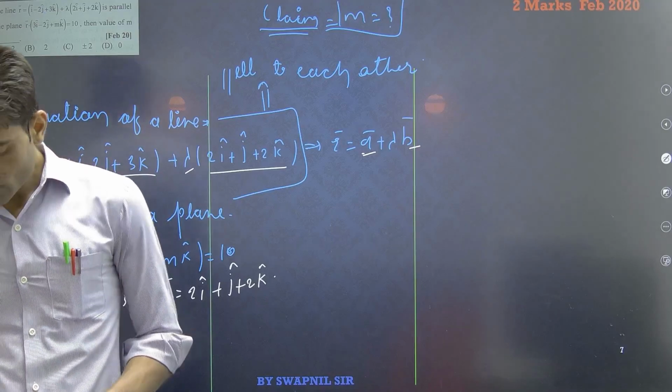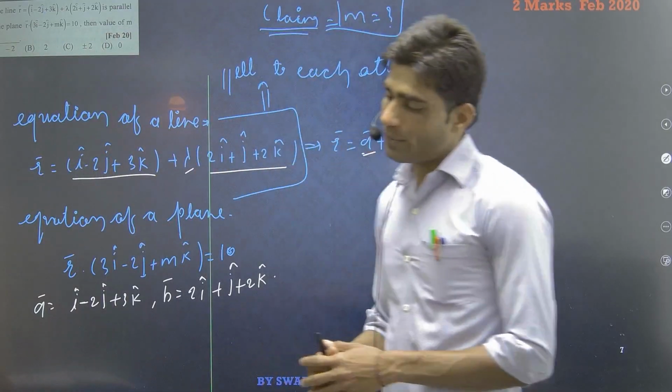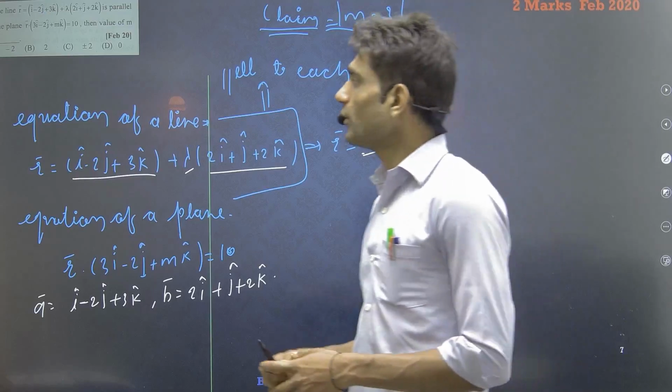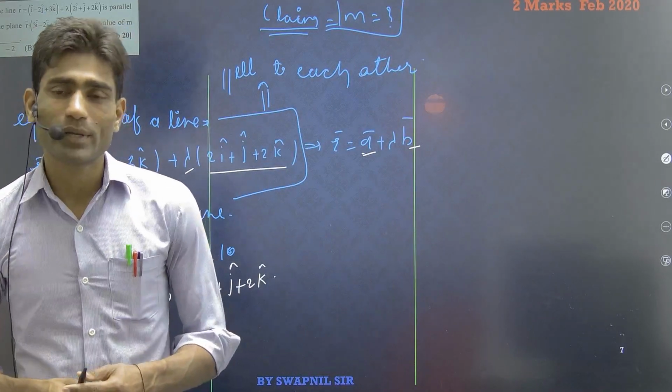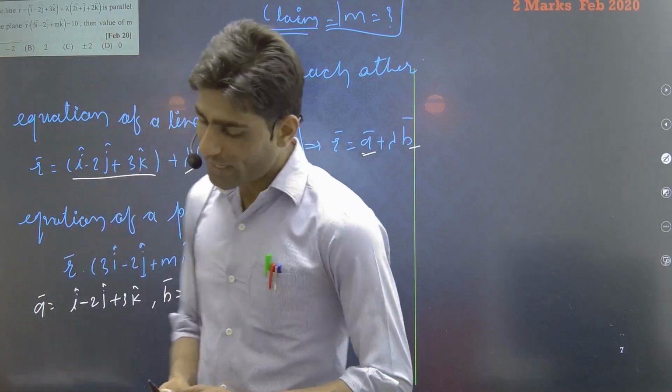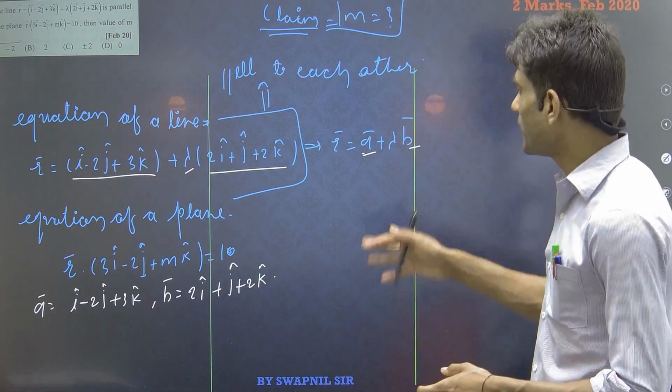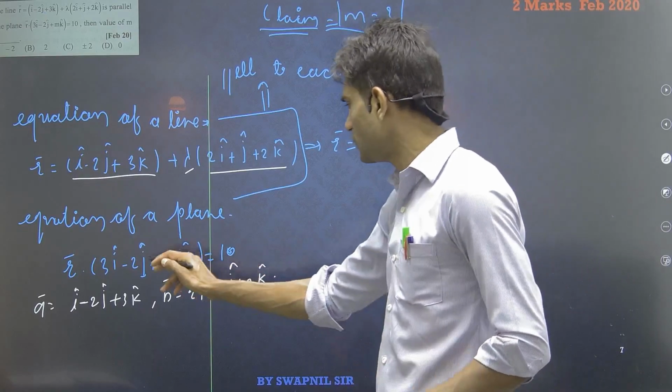After that, the line is parallel to the plane, and we are given the plane r bar dot (3i minus 2j plus mk) equals 10. Then we need the direction ratios of the normal of the plane. Using this equation of the plane, we write the direction ratios of the normal.